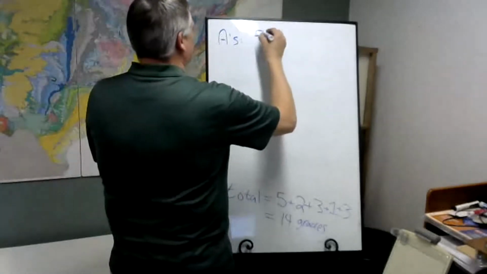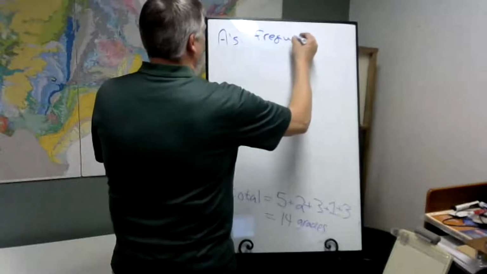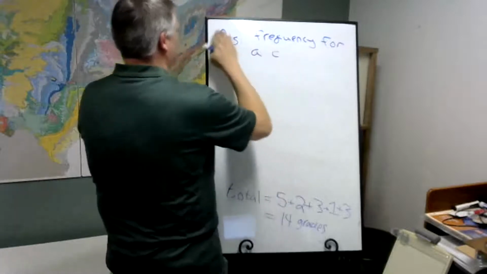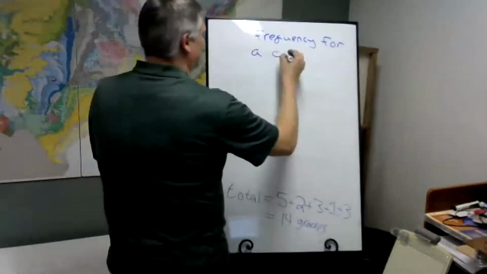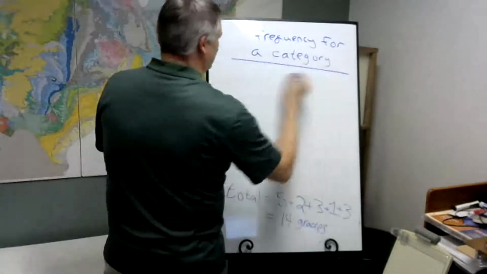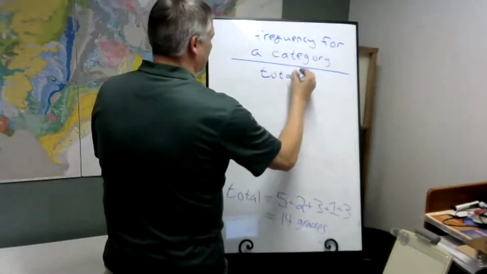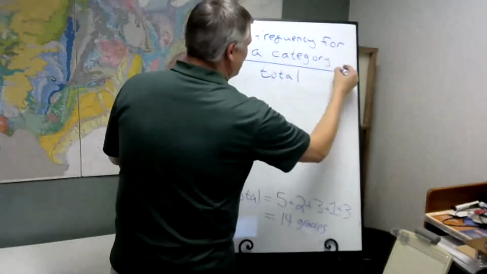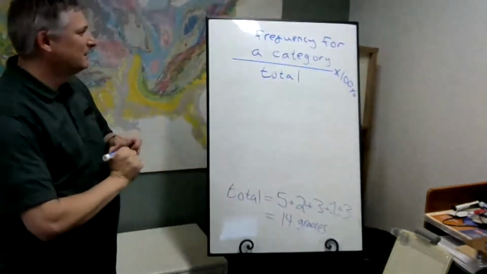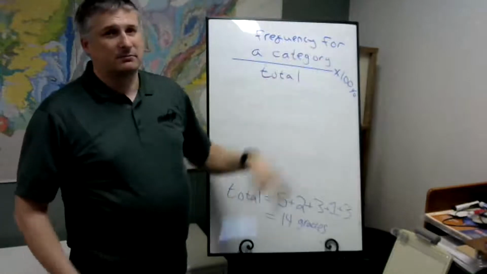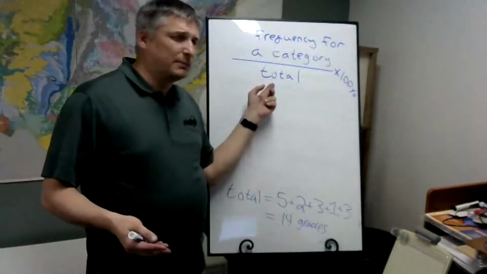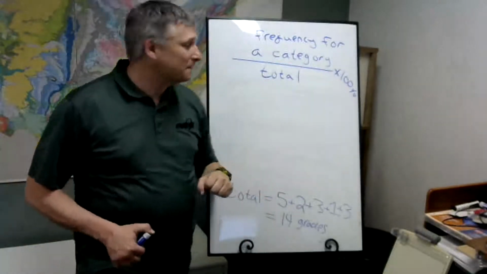It's the frequency for a category, divided by the total, times 100%. So we take the frequency for the category, how many data elements are in the category, divide by the total number of data elements, multiplied by 100%.